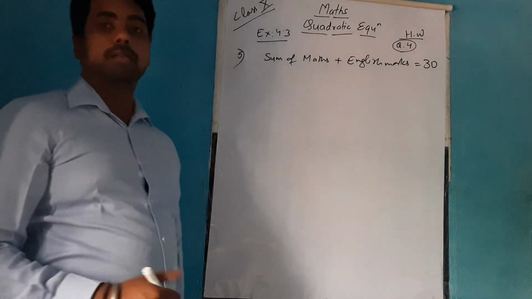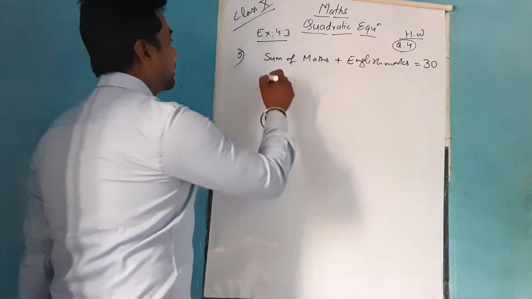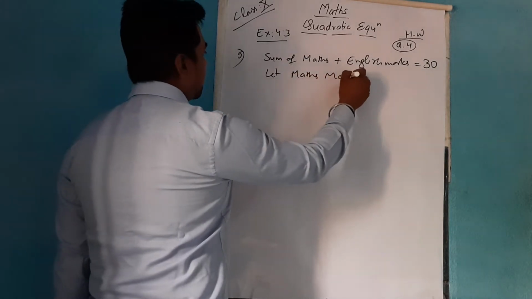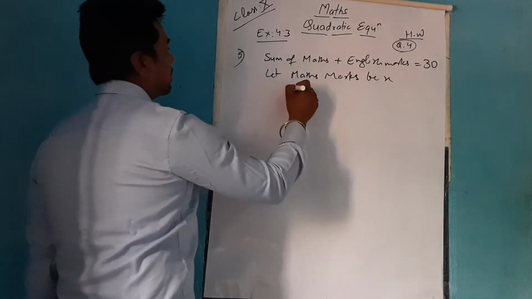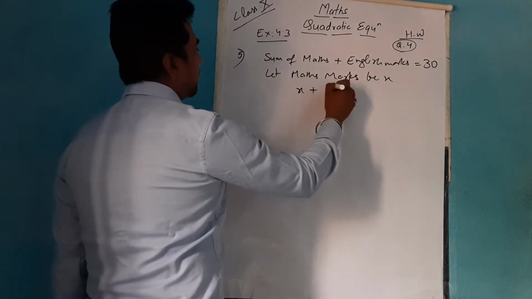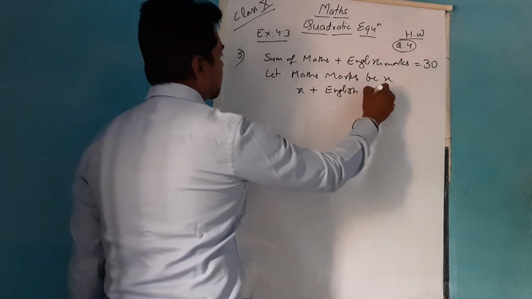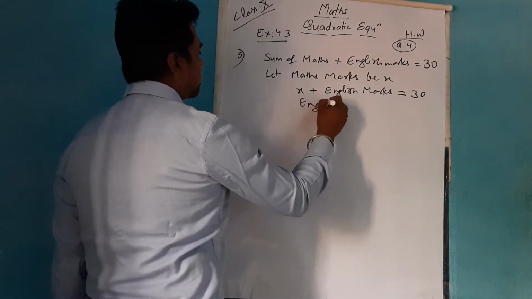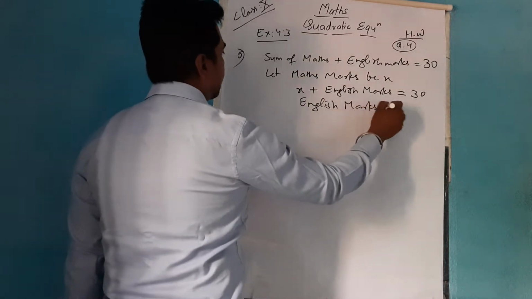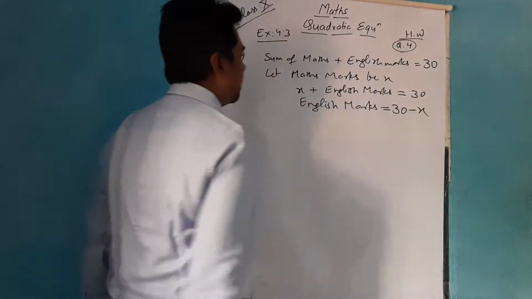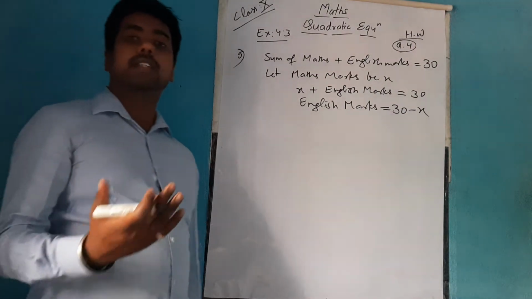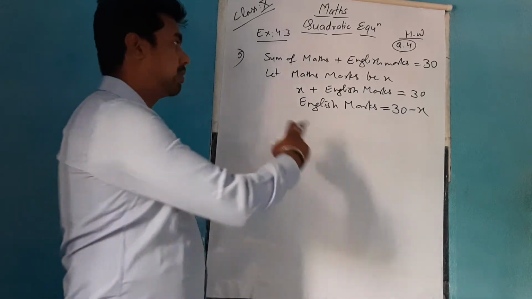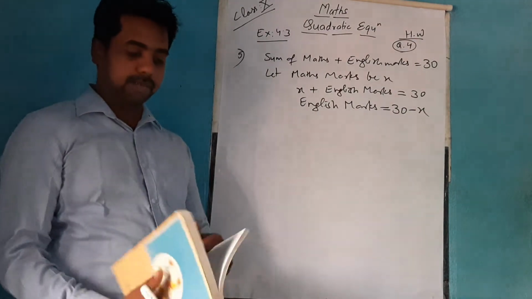We can assume marks of any of the subjects as X. So let maths marks be X. So X plus English marks equals 30. So what will be the English marks now? English marks will be 30 minus X. As the total of marks of maths and English is 30, I have taken marks of maths as X, so marks of English will be 30 minus X.